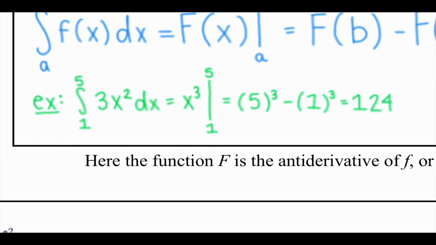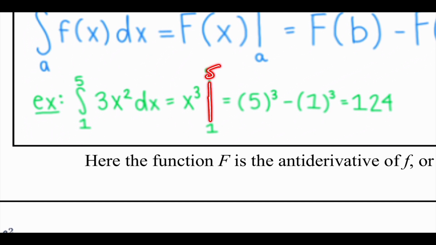Here's an example. We're finding area under the curve for 3x squared, that's the function, a parabola, from 1 to 5, where x equals 1 to 5. The first thing we do is find the antiderivative, which is x to the third. Add 1 to the power, divide by the new power.